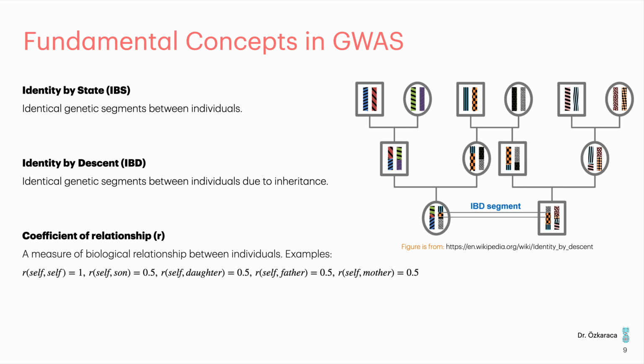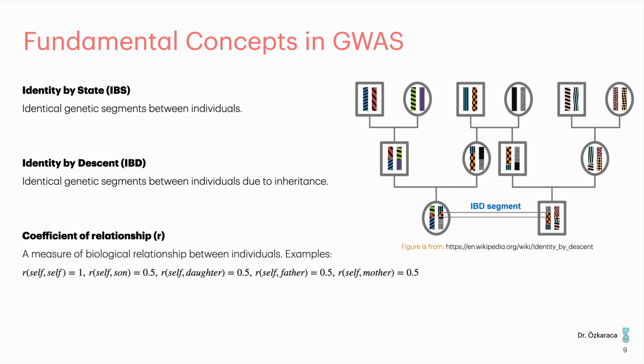Now, in this next slide, I will be talking about the concepts about relationship between individuals. We have two key definitions, identity by state and identity by descent. Identity by state indicates genomic locations that are identical between individuals.